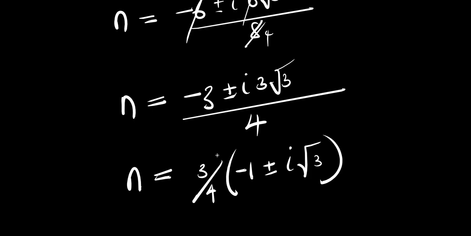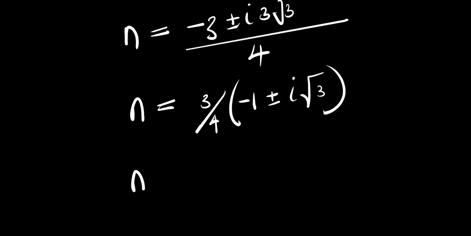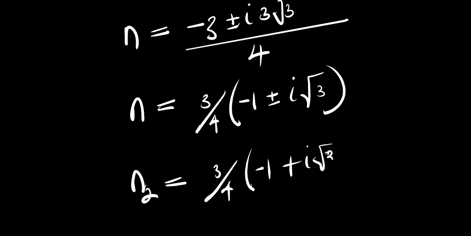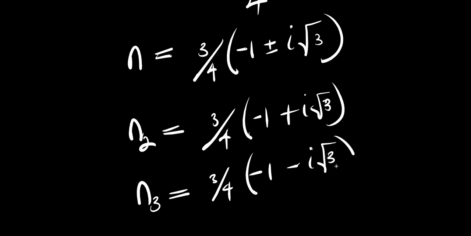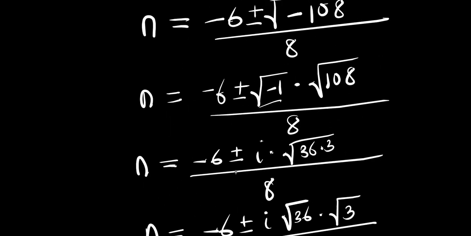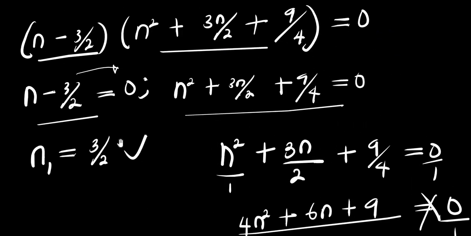So we have two complex values for n. We have n2 equals 3 over 4 negative 1 plus i root 3. We also have n3 equals 3 over 4 of negative 1 minus i root 3. So these are the two complex values for n. And we also have one real value for n, which is n equals 3 over 2.